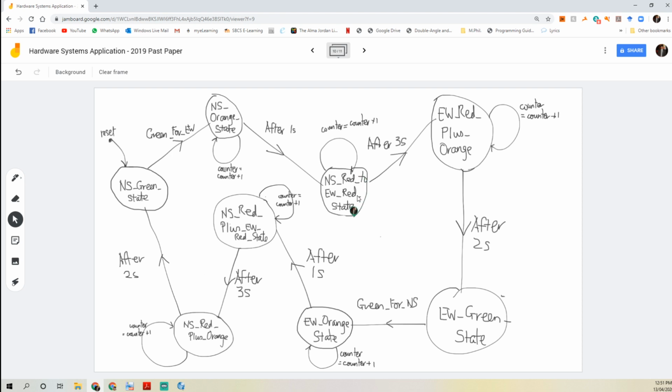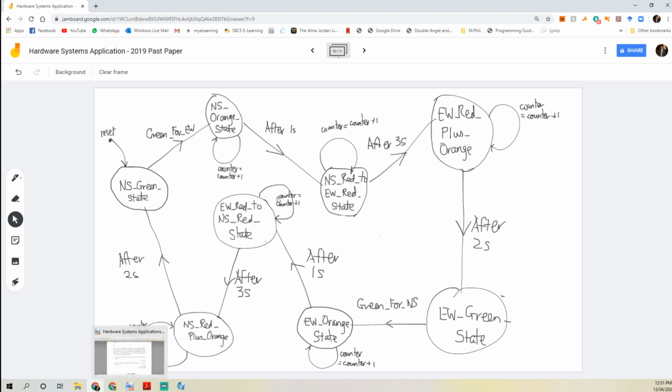But we are going to need a separate state going from east-west to north-south when both lights are red. So I'm going to call this east-west red to north-south red, just to make a distinction between the transition of going from north-south green to east-west green and east-west green to north-south green.